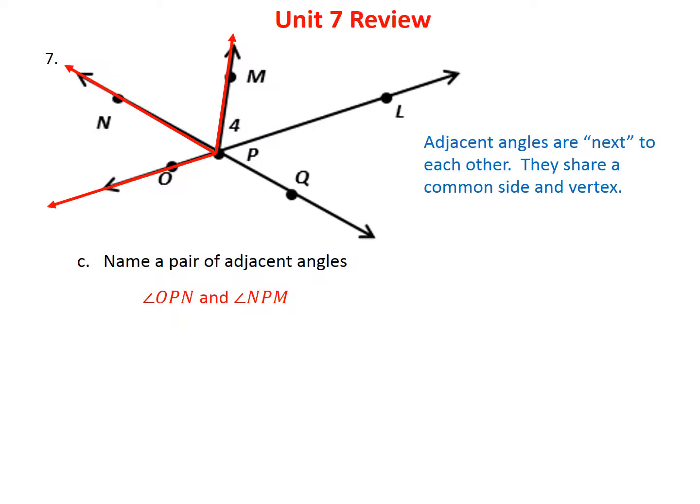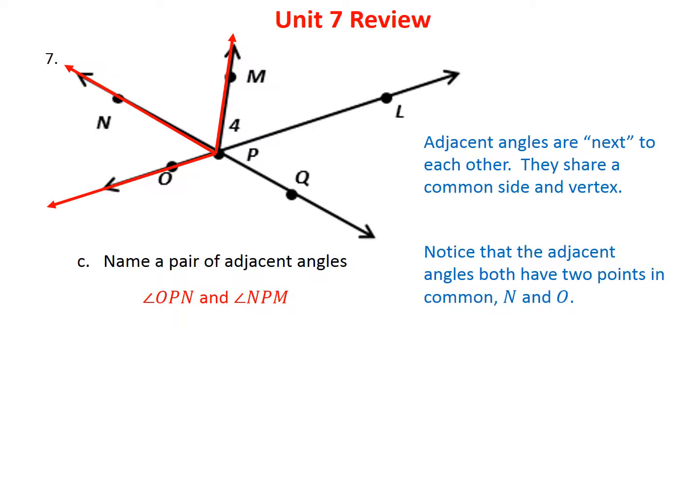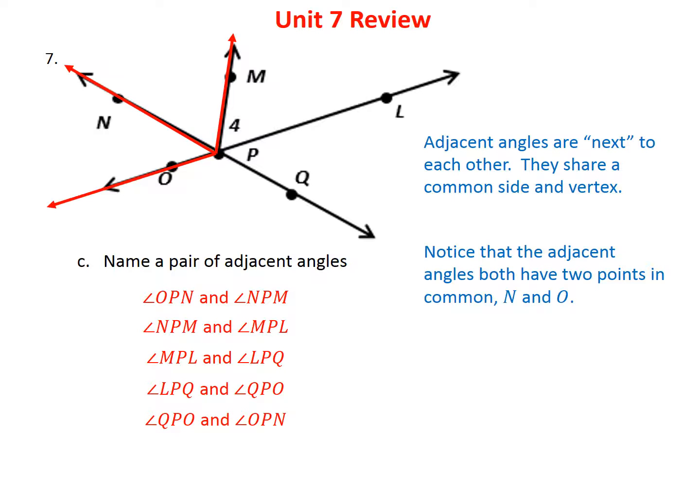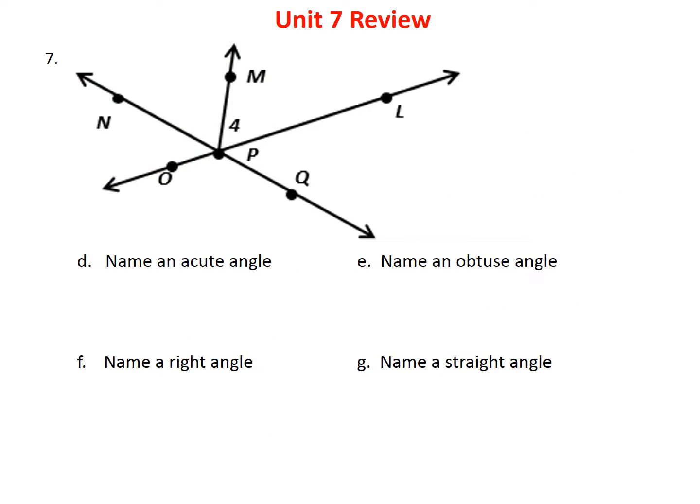Notice, by the way, that when you find 2 adjacent angles, they're going to have 2 letters the same because that's the common side. Notice these have N, each of them has an N and an O. But I can just go around now and I could name NPM and NPL. And notice I'm just going around clockwise, naming angles that are next to each other all the way around the circle. Okay.